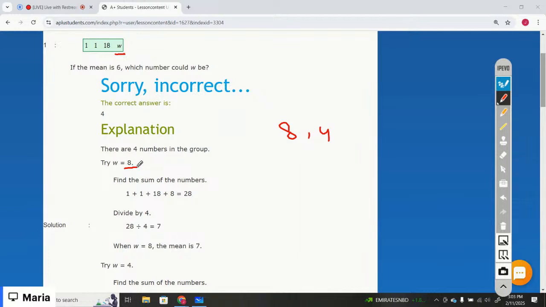Let's see if W equals 8. If you add 8, the sum is 28 and 28 divided by 4 is 7. But in the question you are given the mean is 6. So you have to find a number that when added with the other numbers and divided by the 4, the mean is 6.